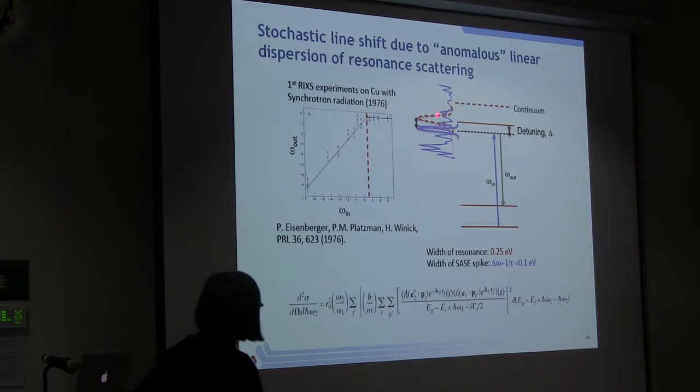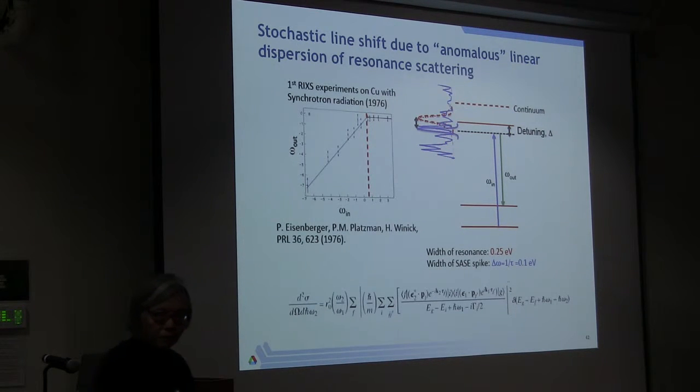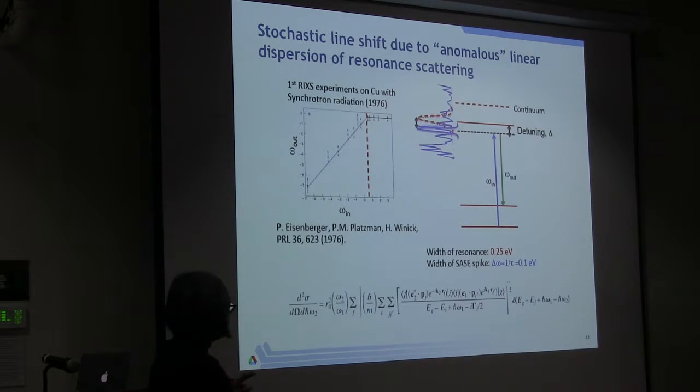But now, instead of coming with a nice tunable, well monochromatized beam, you have this SASE beam. So what happens is you have this resonance that you're going through. You hit a resonance and then it goes down, and that dominates, but there's some detuning. And so it's dominated by each of these spikes.